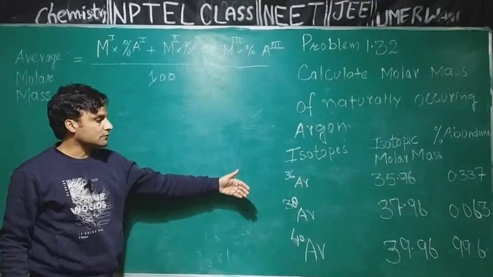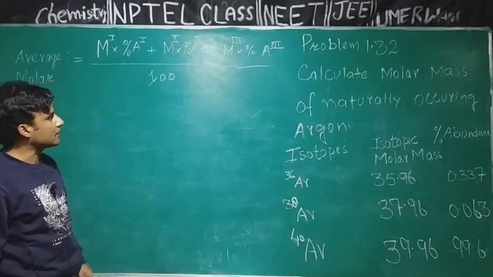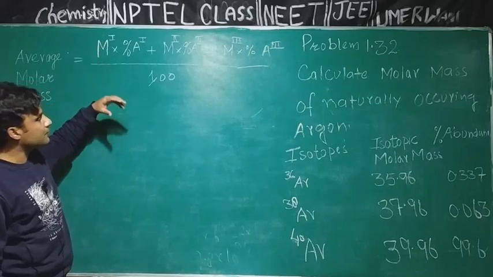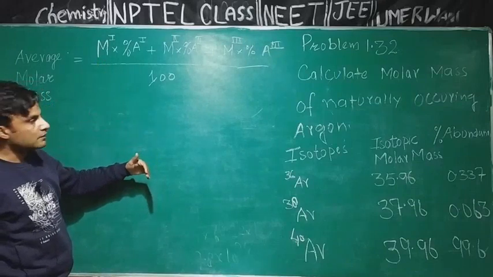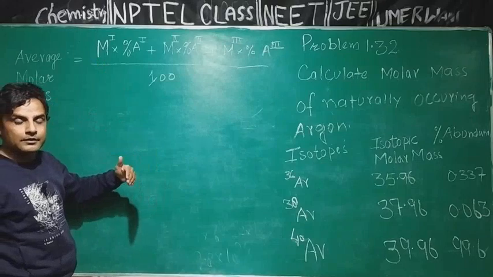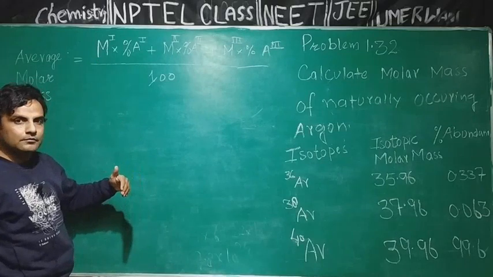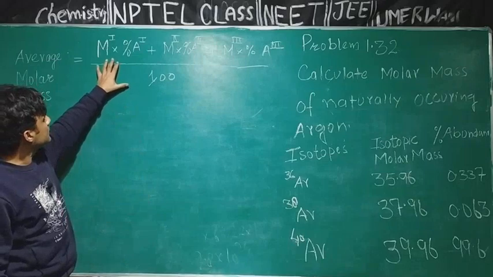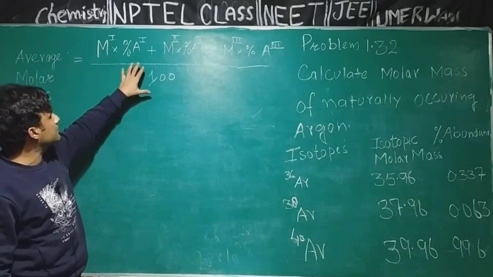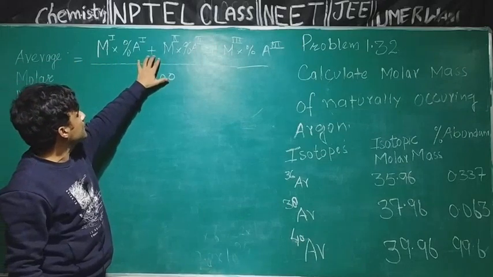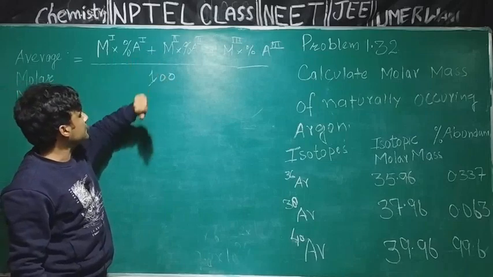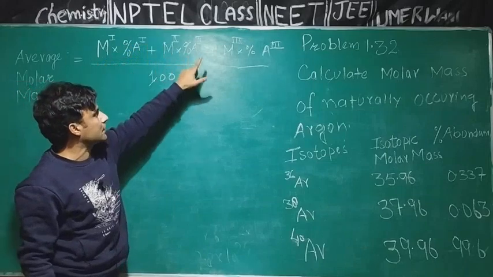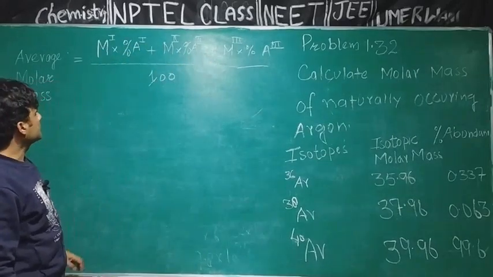And for this specific case, argon has three atoms differing in their molar masses. So its average molar mass will be the summation of products of molar mass and percentage abundance of its three isotopes, represented by first, second and third.